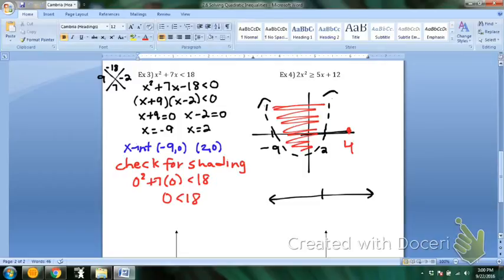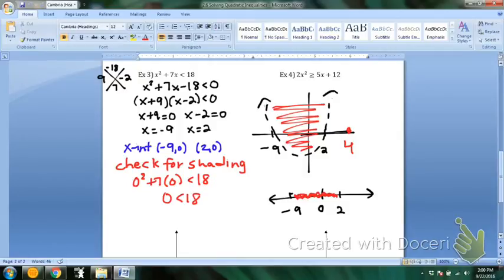Okay, so on your number line, we know we're going to shade in between the two numbers because that's what I did on my parabola. And because if I plugged 0 in, it would be between them two. Now, do I need a parenthesis or do I need a bracket here, Kaylin? Is there an equal sign?